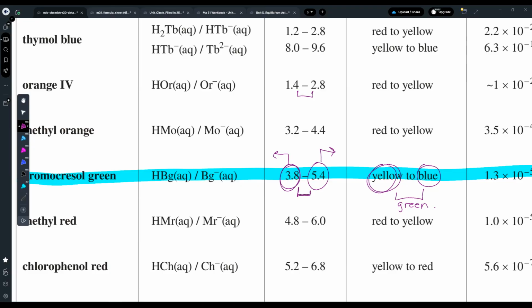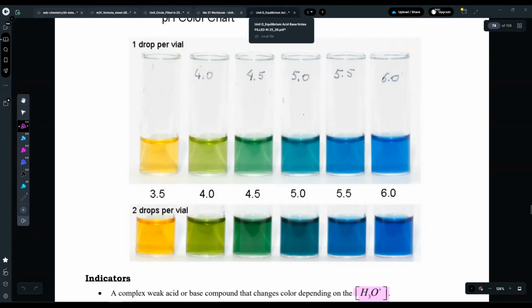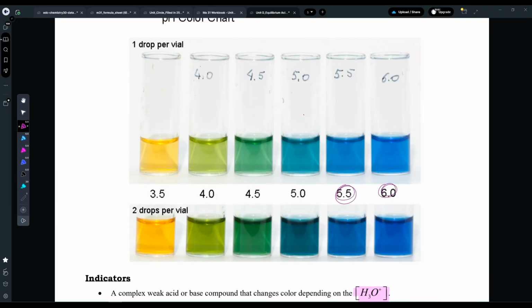Now at a pH above 5.4, at 5.5 and 6, these are blue, which matches up with what our chart says is going to happen when we use bromocresol green.